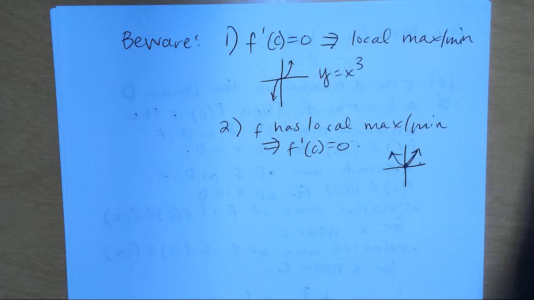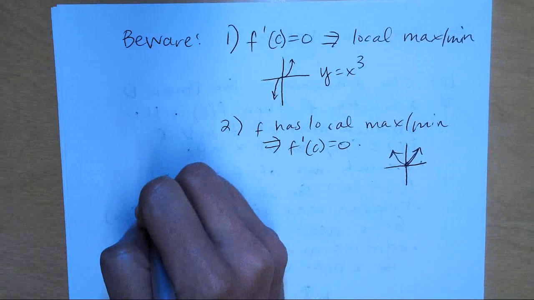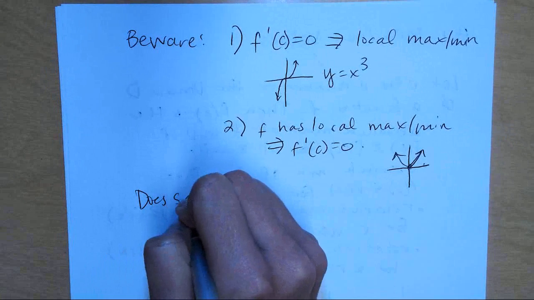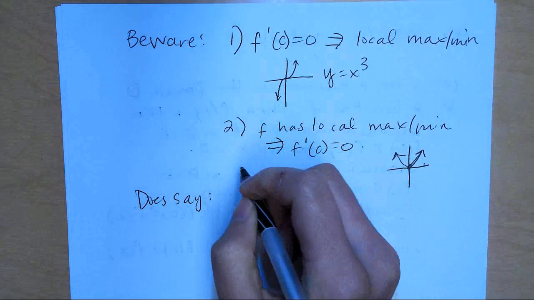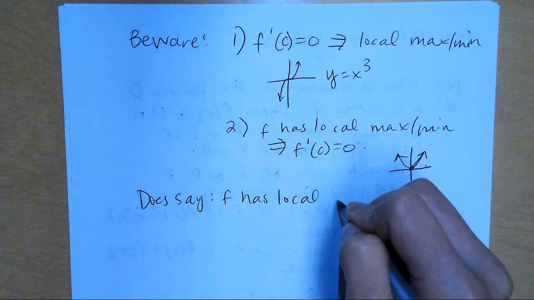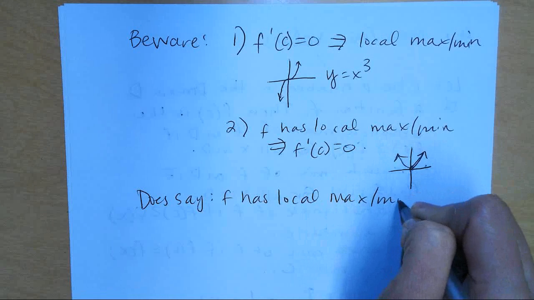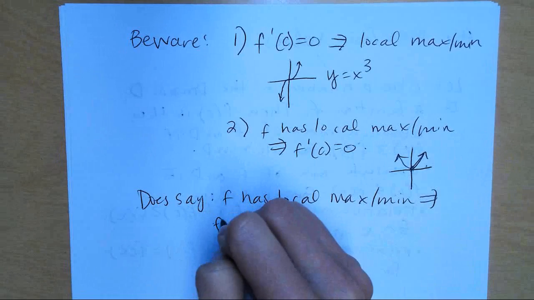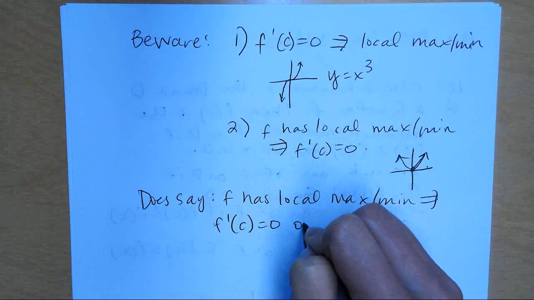So if you go back to the theorem, it says if f has a local max or min, and if the derivative exists, then the derivative is 0. So two conditions. You can't just take one, you have to have both. So what it does say is that if f has a local max or min, then the derivative has to be 0 or undefined.